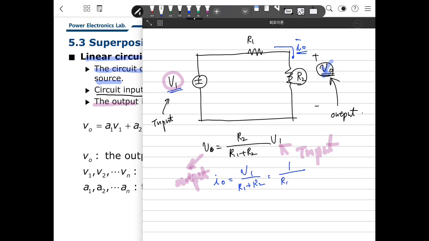It will be 1 over R1 plus R2 times V1. This is the output and this is the input of the system. So what is the input and what is the output depends on the designer. We can choose any voltage or current in the circuit as an input. You can choose any voltage and current of an element to be defined as the output of this circuit.